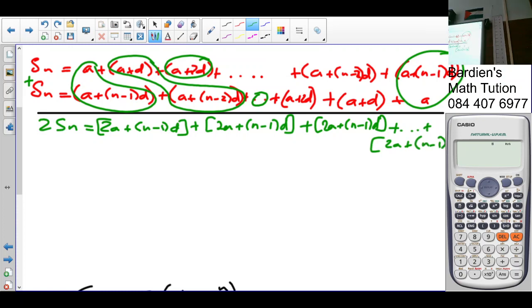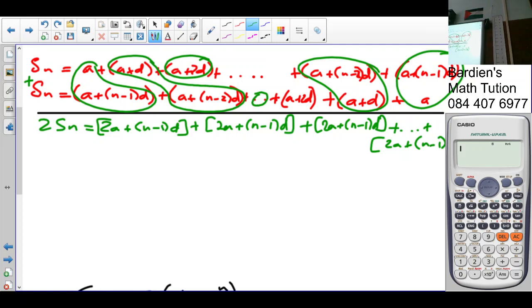You understand? What's going to happen if I add the second last one? Same thing. So how many of these brackets will there be? A lot. Can't say a lot.